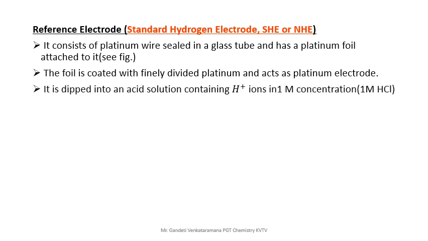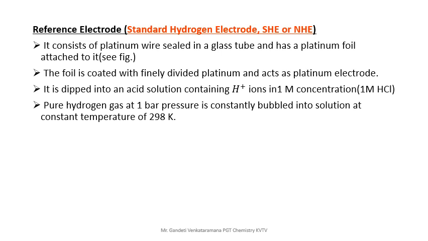It is dipped into an acid solution containing H+ ions. The name standard hydrogen electrode itself reflects that hydrogen is present. So this platinum electrode is dipped into an acid solution. Take HCl, hydrochloric acid, for example, of 1 M, containing H+ ions in 1 M concentration. This is the condition.